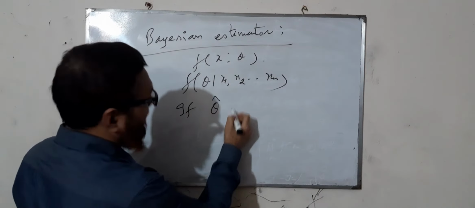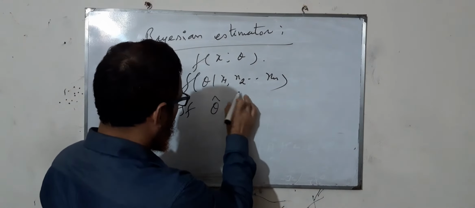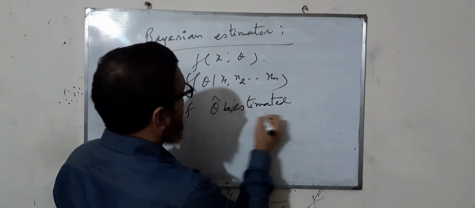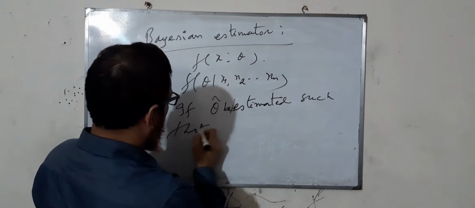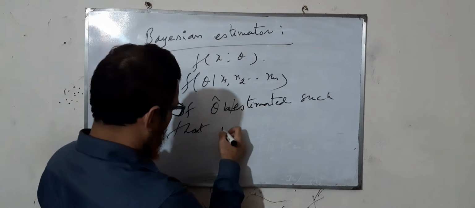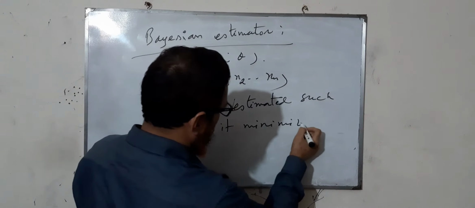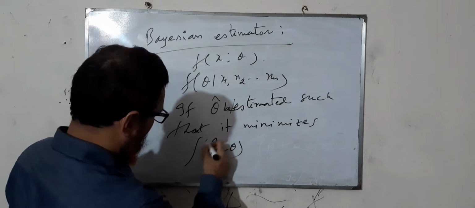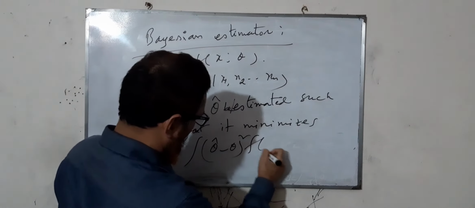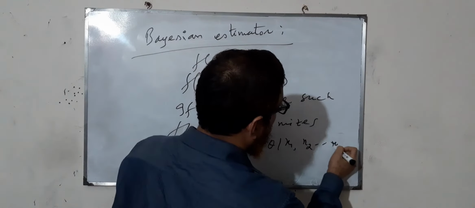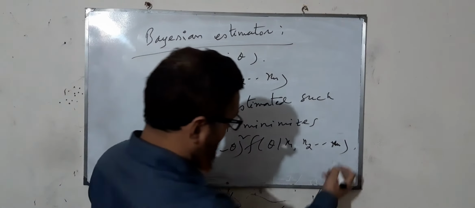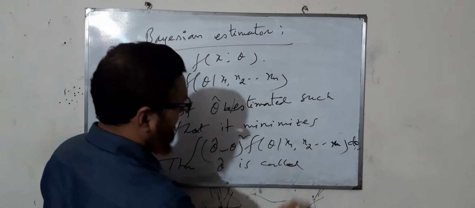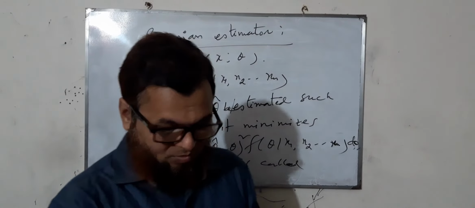If theta hat is estimated such that it minimizes the integral of (theta hat minus theta) whole square f(theta | x1, x2, ..., xn) d theta, then theta hat is called Bayesian estimator of theta.